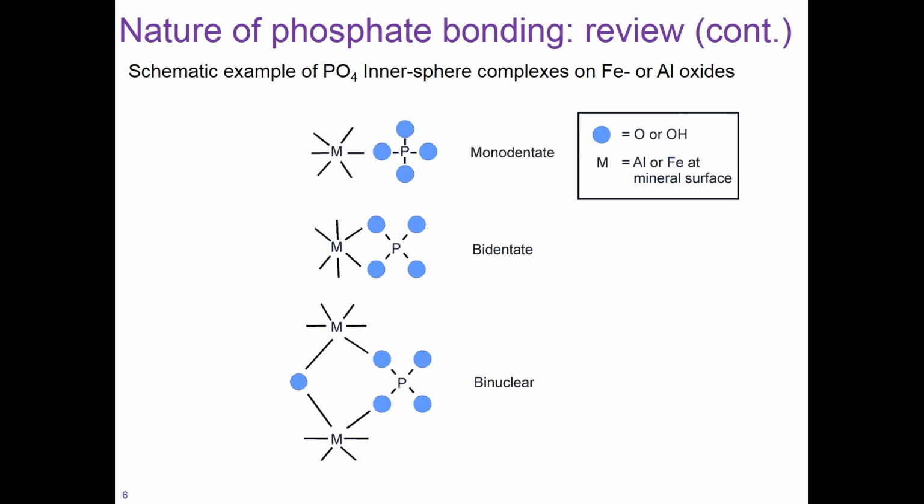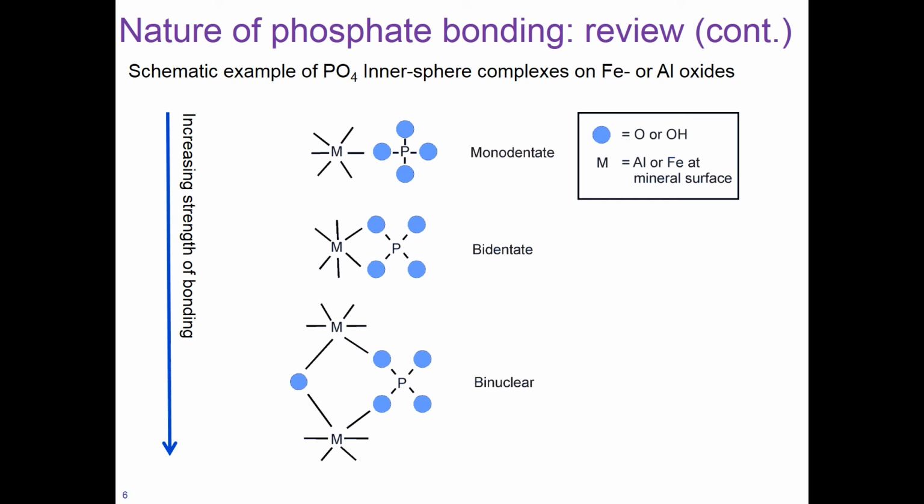In the middle case, we have a phosphate sharing two bonds with a single metal within the mineral surface, and the bonds are again through a mutual association of oxygen or hydroxyl. In the bottom case, we have a phosphate sharing two bonds with two metals within the mineral surface.